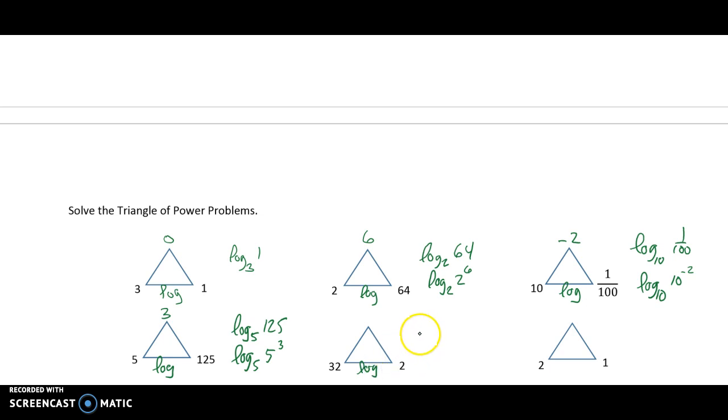All right. A little trickier on this one. Log base 32 of 2. Ooh, so now what we've got to do is somehow get that 2 to be written as some power here. So this is log base 32 of 32. To what power do we have to get a 2?